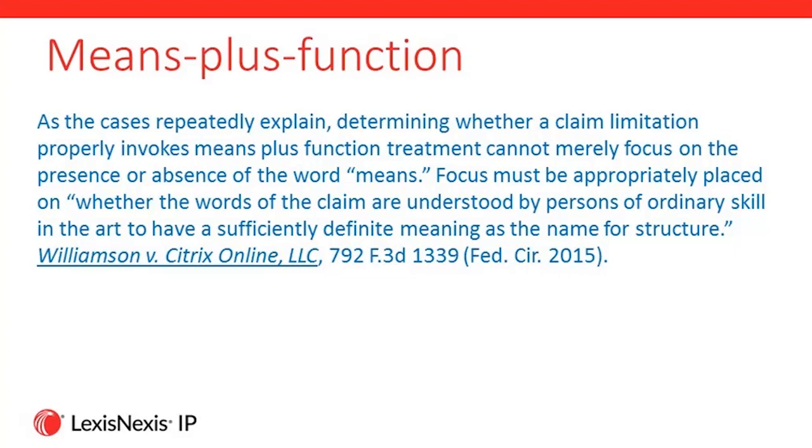And if you use that language, then it is a rebuttable presumption. In fact, in practice, it is an irrebuttable presumption, because if you say "means for turning a screw," that's going to be treated under 112F.